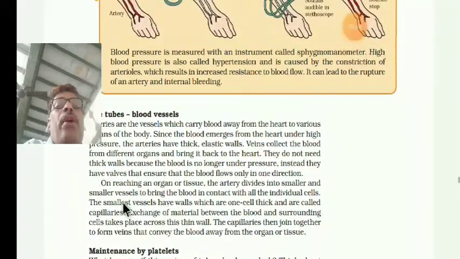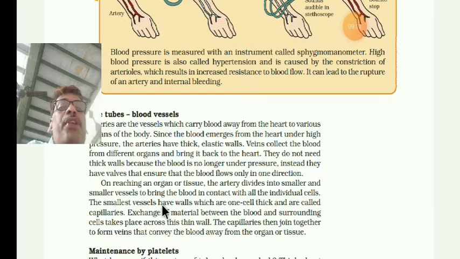So that is why they do not need thick walls. On reaching the organ or tissue, the arteries are divided into smaller vessels to bring the blood in contact with all the cells. You know these as arterioles, then capillaries, then veins, dividing into smaller vessels this way.